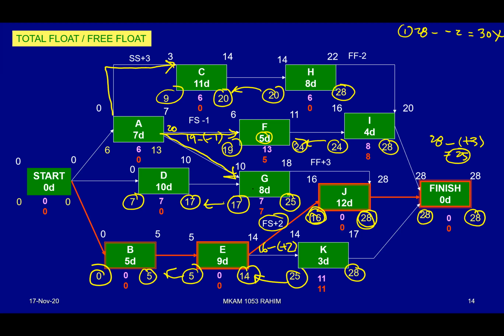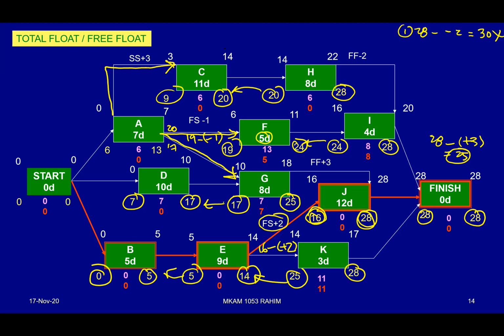How about if it is coming from G? G is basically 17. It will get transferred here, 17. For sure, between 20 and 17, 17 is much smaller. But wait a second, we have 1 arrow coming back from C. Now the arrow coming back from C is not finish to start, but start to start.